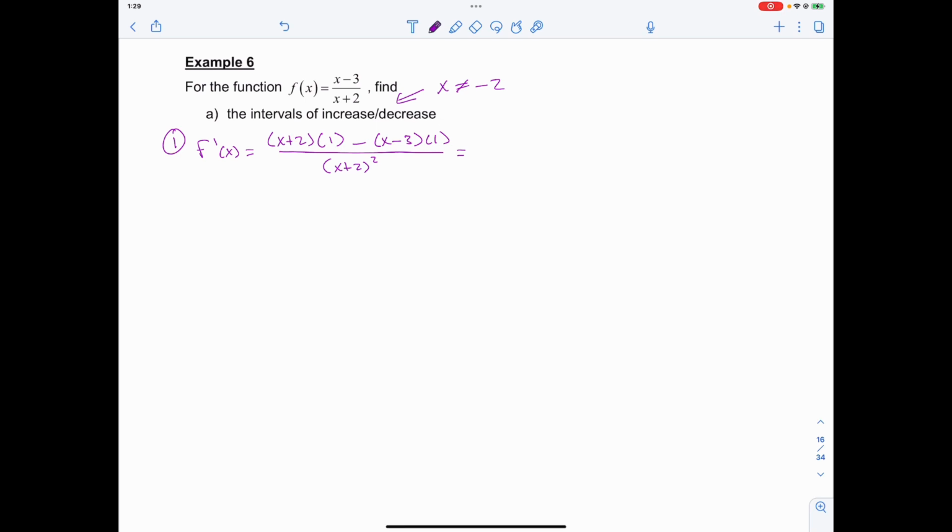This is going to give me x plus 2 minus x plus 3 all divided by x plus 2 squared. And that's going to give me 5 over x plus 2 squared.